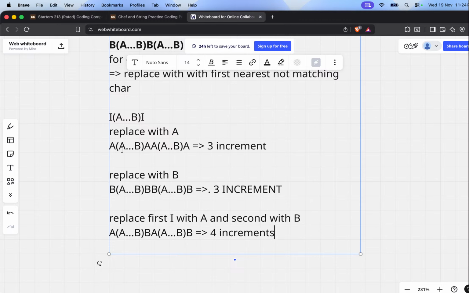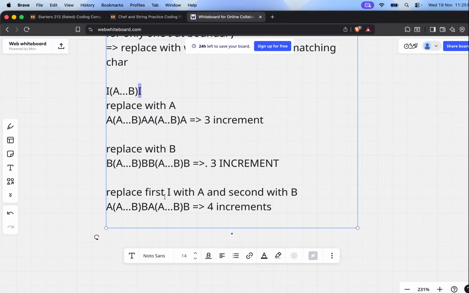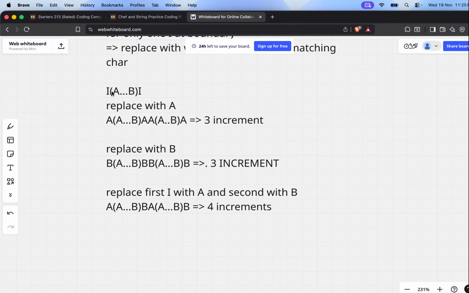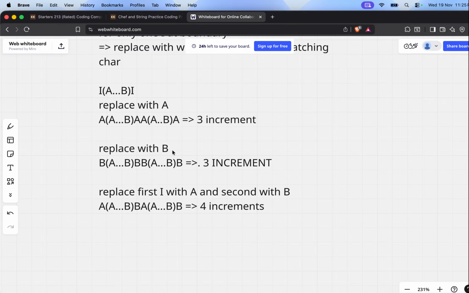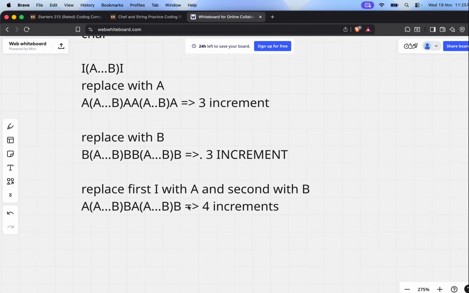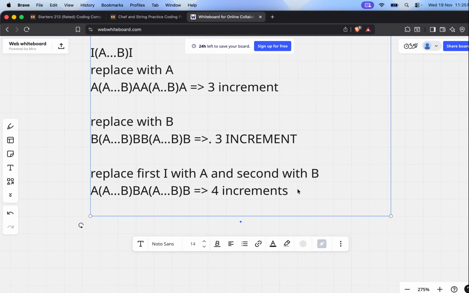Okay. So what did we observe from here? If we had replaced with just one matching character, that is A, these two had matched and these two had matched. So total increment was 1. If we replaced with B, then increment was 3 again. Here also 3. Now if we replace the starting character with the first non-matching character and the ending character with the last non-matching character, the increment is maximized. So this is what our algorithm should be.